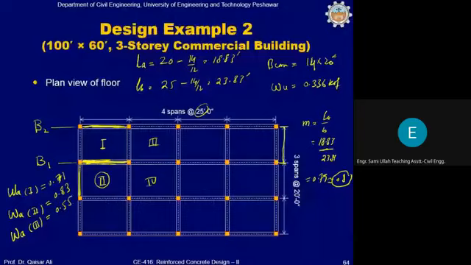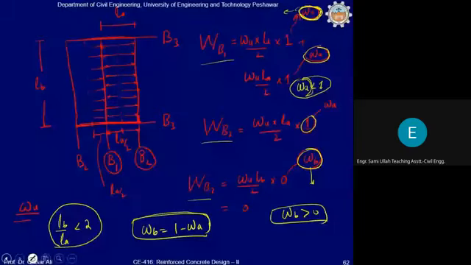And finally, WA corresponding to panel 4. Okay. So panel 4 corresponds to which case? This is panel 4.